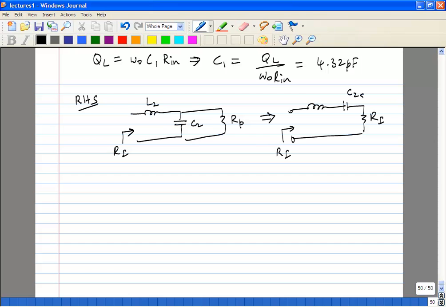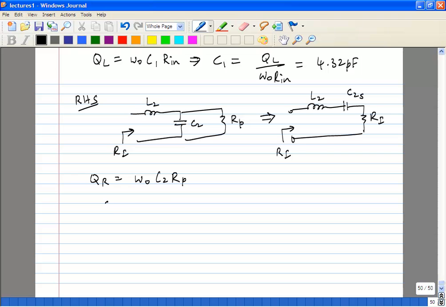So you have what is called C2S, which is a series equivalent, and you have the same L2. Now Q is, you can just use this side. It's a lot easier: omega naught C2 Rp. If you do this side, again you will get C2S and you will have to back calculate C2. If you use just this portion alone, it's a lot easier.